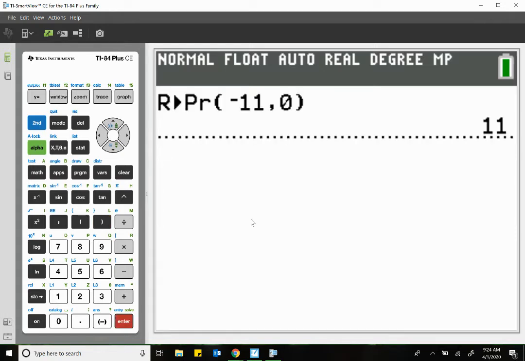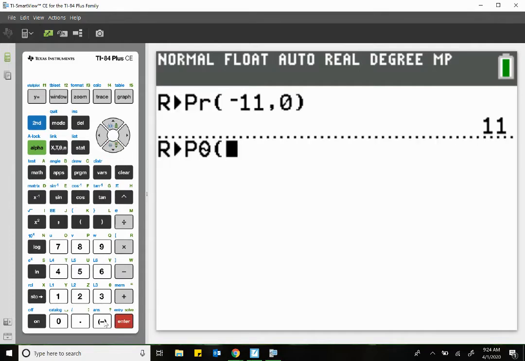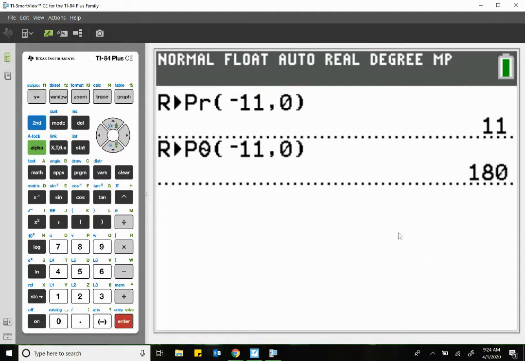If I want the theta, we're going to be in degrees right now, so it will kick it out in degrees. So I'll hit apps, scroll down here to the theta, and then again I put the negative 11, comma 0, and this one actually gave us the negative polar version of it. So there you go.